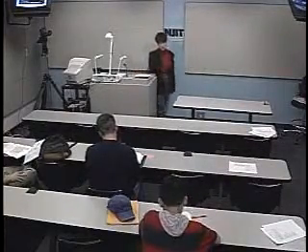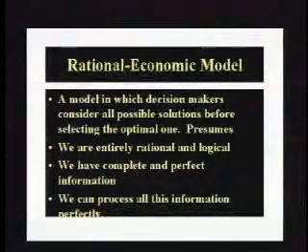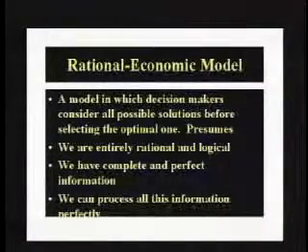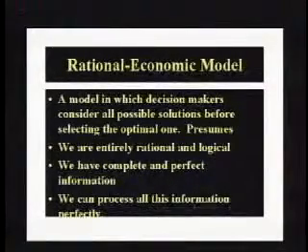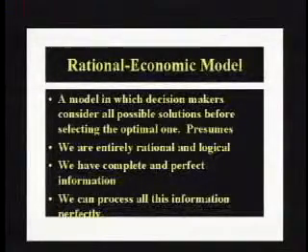How do we go about making decisions? What is it that we're doing? We're going to look at 3 different models. The first model was the preferred model of the economists for many years, the model of the rational man.